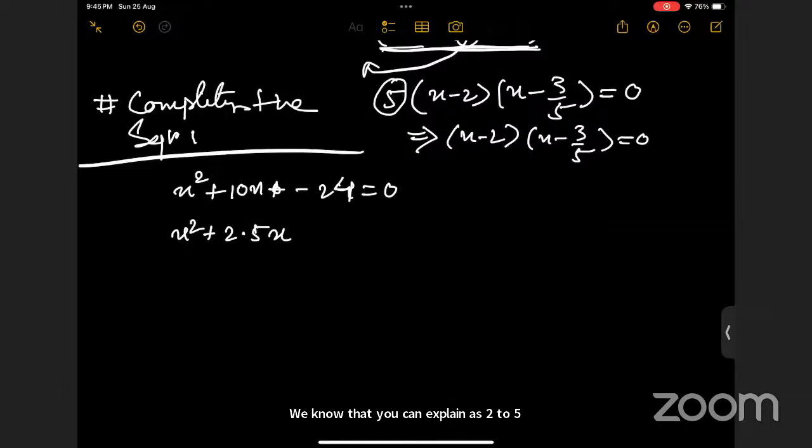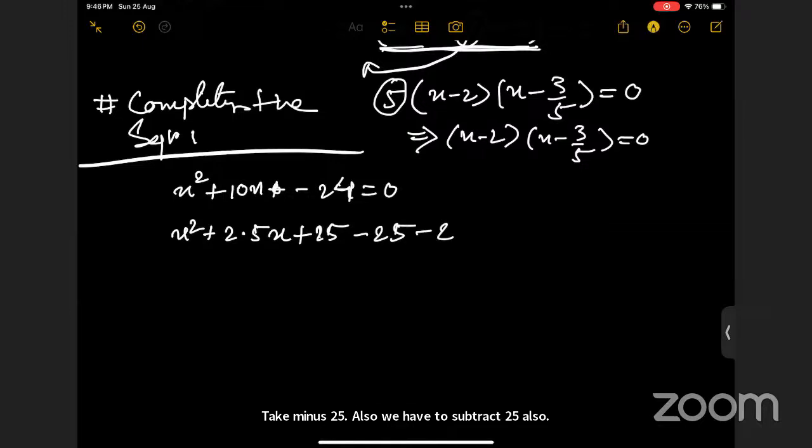So we can make the equation a perfect square if we add 25 here. We are taking an extra term here, so we have to balance it. We have to subtract 25 also. Then it will be again the same, right?